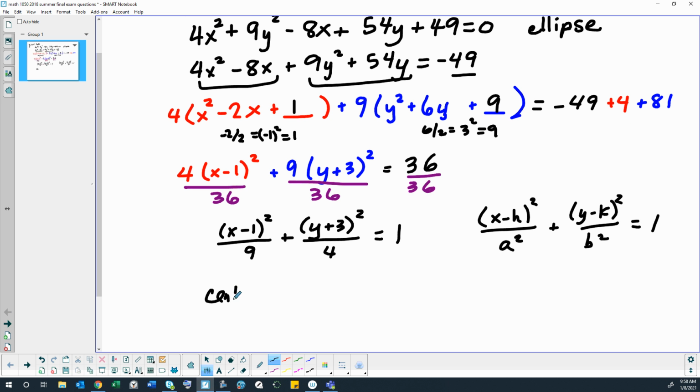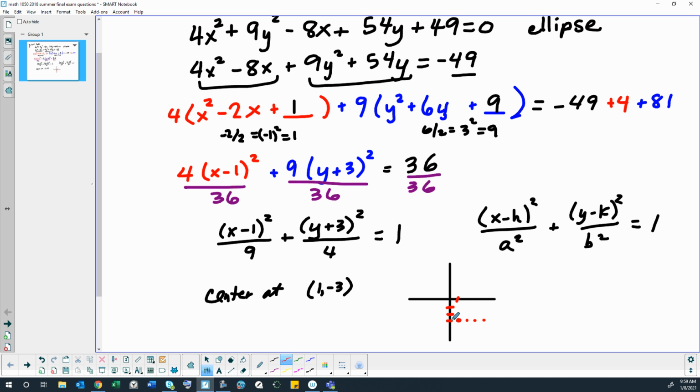We have a center at 1, negative 3. This, of course, is an ellipse. If we wanted to graph this, it would go 1, negative 3, and then the a direction is 9, so the square root of 9 is 3.